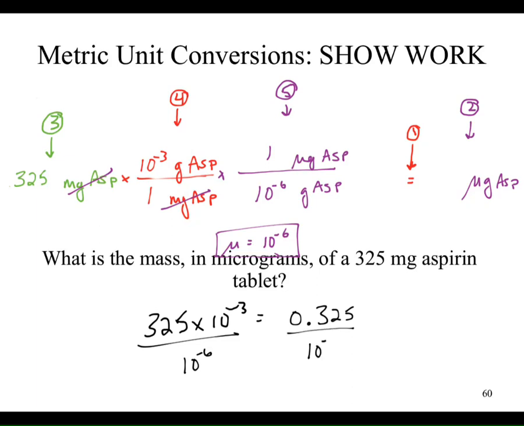And now I can divide in the calculator 0.325 by 10 to the minus 6, and I get my answer. Okay? So take advantage of each of those steps, writing each of those steps of work out. Okay? It becomes important to do this, and we'll see why it becomes important as we move through. A simple mistake can lead to drastic repercussions of wrong answers.